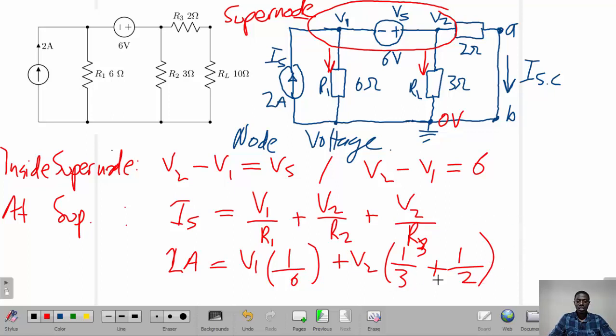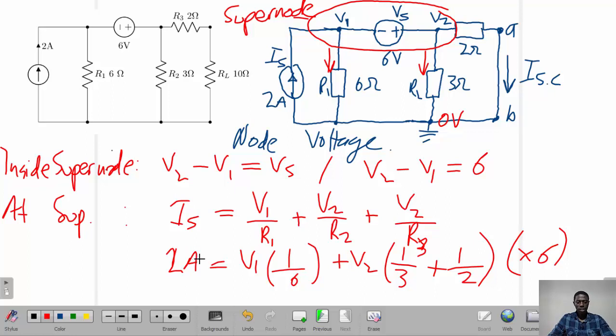If you look at this, the common denominator here is 6. You've got 2 plus 3, which is 5 over 6, basically. So we could eliminate this fraction. We multiply everything by 6, which gives us 12 here.